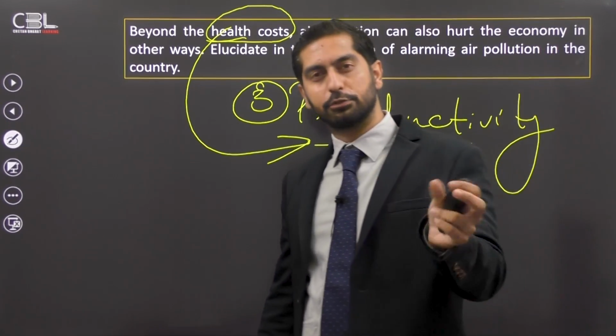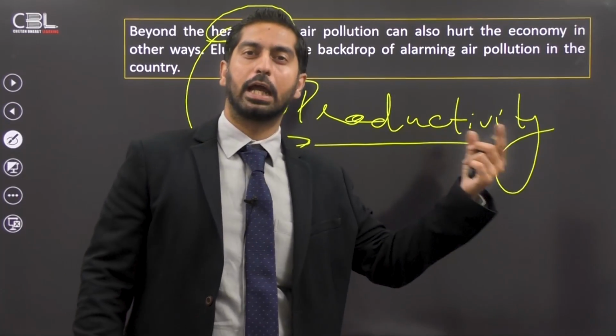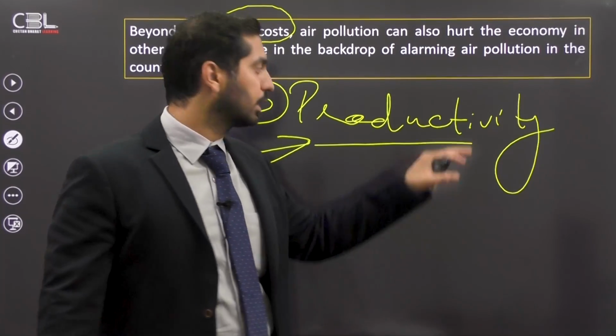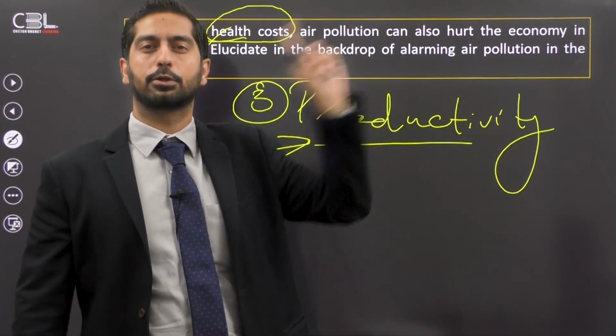Because of the health issues associated with air pollution, you are actually doing less work per unit time. So that affects your productivity, and that affects the economy on a macro level.